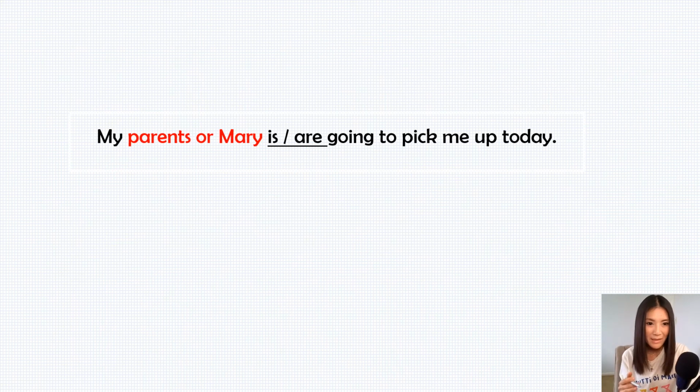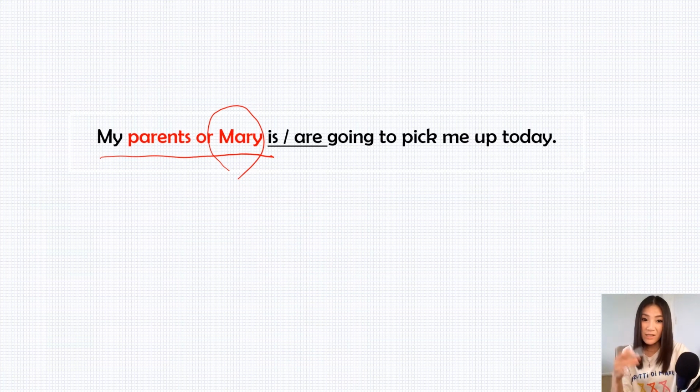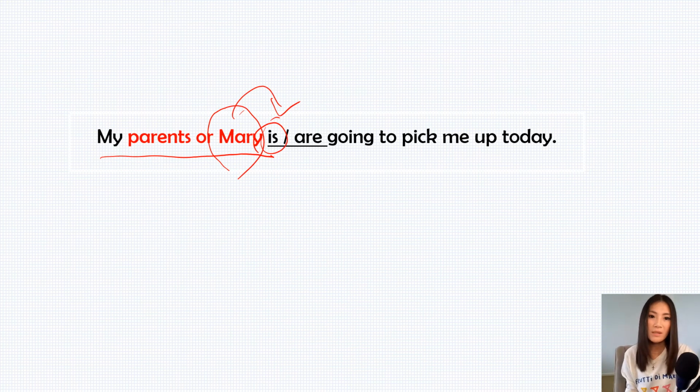In this sentence, my parents or Mary is or are going to pick me up today. My subjects are my parents or Mary. In this situation, Mary, the singular subject, happens to be closer to the verb, so I'm going to choose the singular verb. My parents or Mary is going to pick me up today.